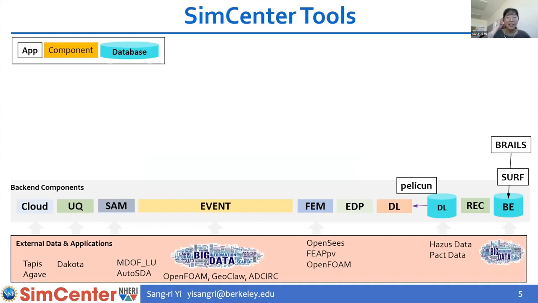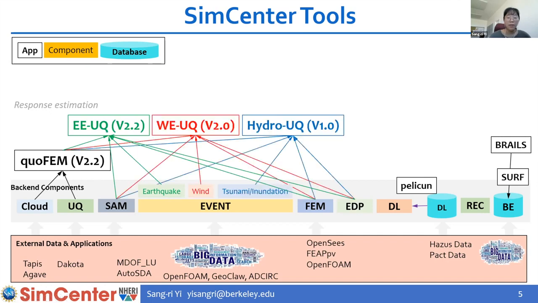So this is again a brief map of our 6 tools. The below here is the external application, which are the core parts of the previous puzzle piece. And then there are backend components that wrap around this core part. So by assembling these puzzles, we first have the basic level application, which is Quantification, that focuses on UQ analysis. So this is the most general tool. And then there are 3 more applications specific to each hazard type.